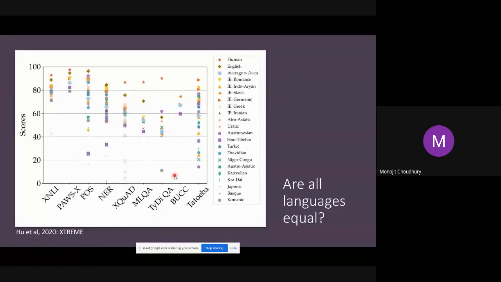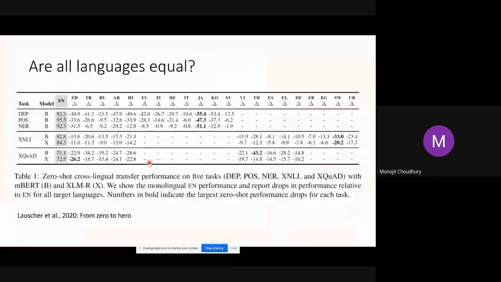But it's not naturally always the case, right? An interesting question to ask is what factors determine this cross-lingual transfer gap. There are many works which try to do this. This table reports cross-lingual gaps for various tasks and various languages.